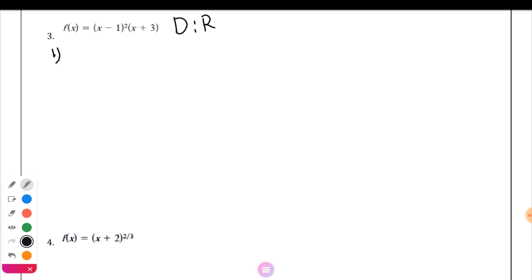As usual, find the derivative, but here this function is a product of 2 functions. This is u, and here, v. u equals (x minus 1) all to power 2.